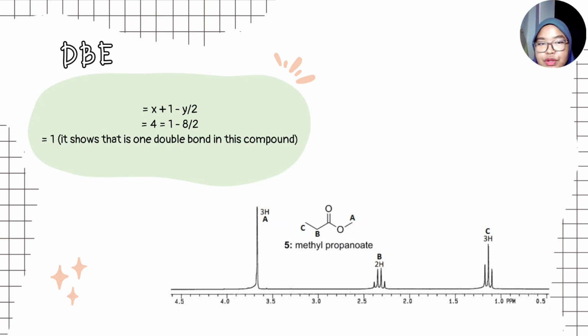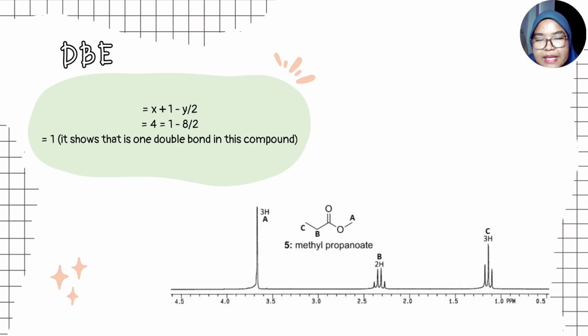We also use the DBE technique to calculate the number of double bonds present in the compound. Based on the slide, the formula of DBE is X plus 1 minus Y over 2. X is the number of carbon and Y is the number of hydrogen in the compound. In this problem, we have 4 carbon and 8 hydrogen.